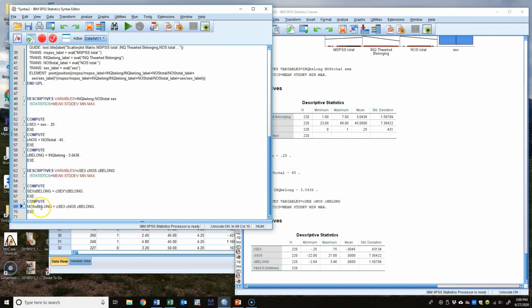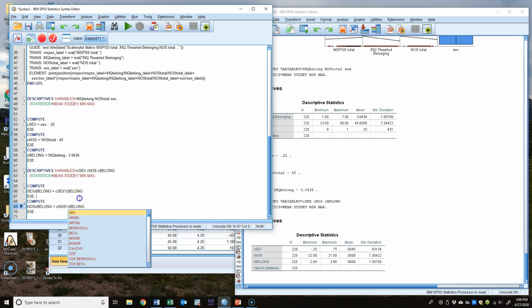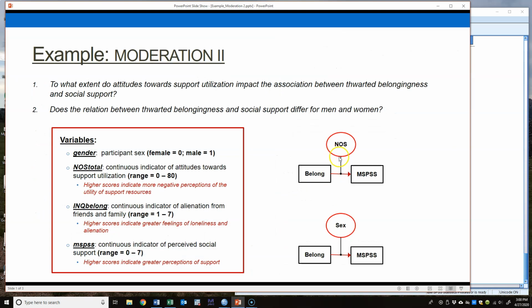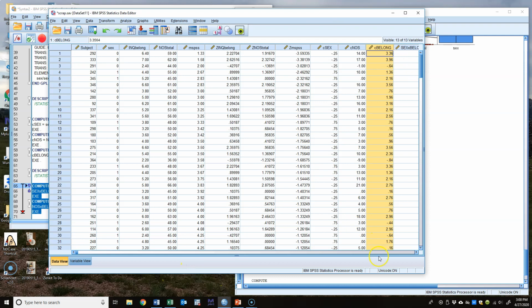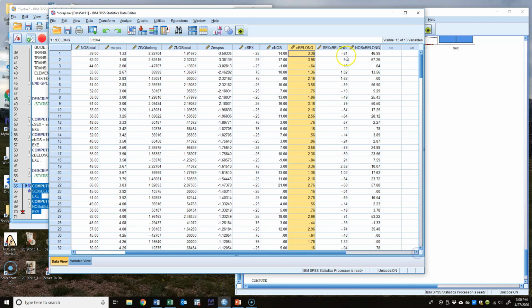Okay, NOS by belong is centered NOS times centered belonging. All right, and so this gives me my two interaction variables: sex by belonging and NOS by belonging. Perfect. I'm going to run this, and this is going to give me my two interaction terms here.